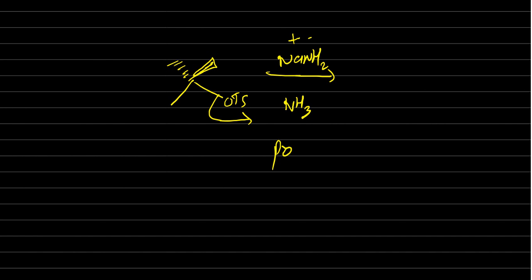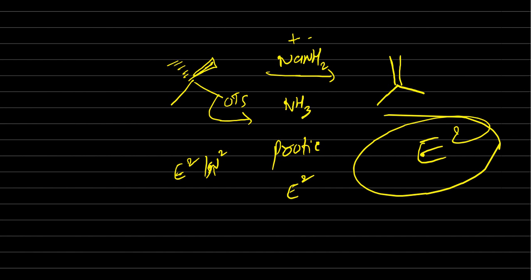Protic solvent. Charged is there means E2, SN2. In this, protic is there, that means E2 is favored, right? So your product will be like this. So what is the mechanism? E2 mechanism, right? Like this, you can decide. If any other questions are there, I will give you later.